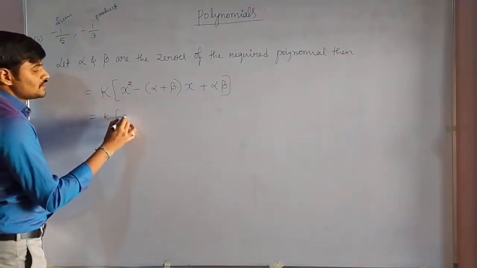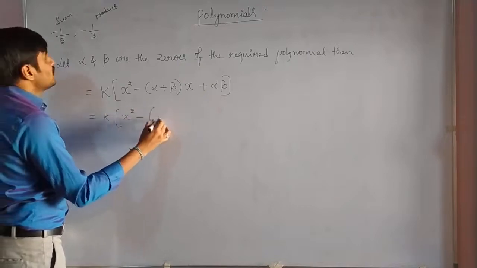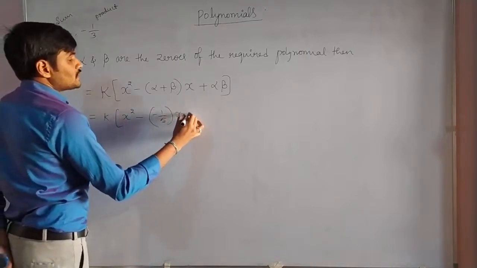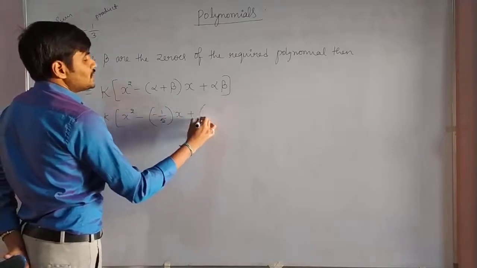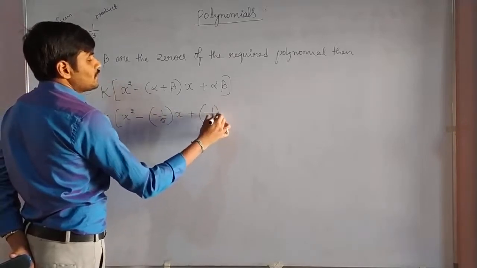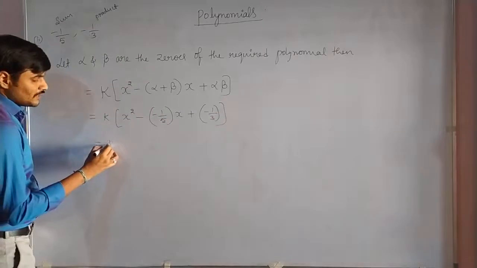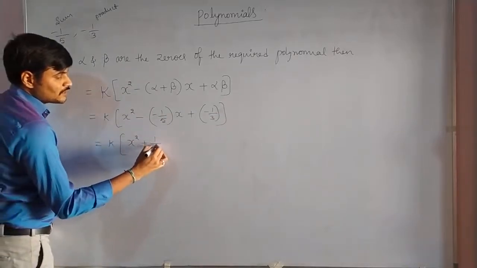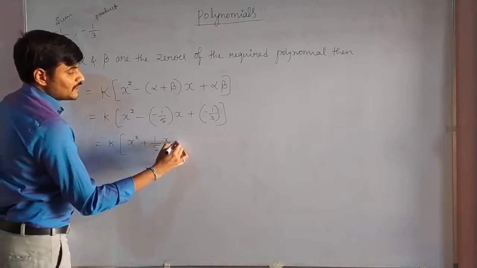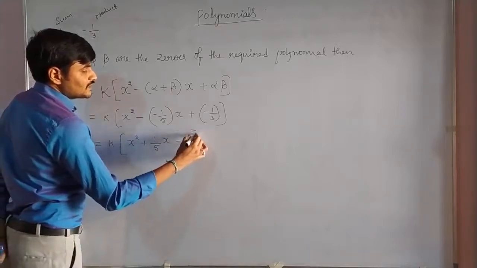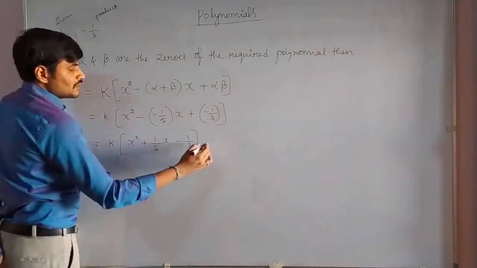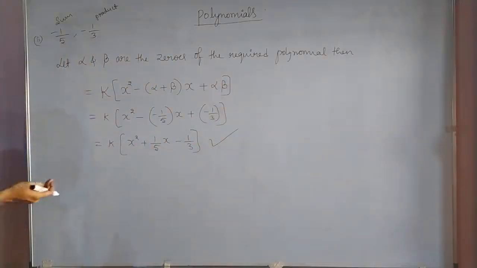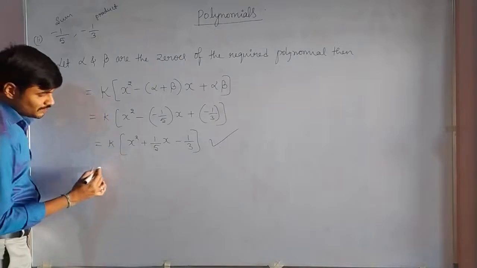Now go on substituting the values. So this is minus of minus 1 by 5 into x plus alpha beta is minus 1 by 3. Now here k into x square minus into minus, plus 1 by 5 into x plus, into minus, that is minus 1 by 3. So this is also right, and you can keep it as the final answer. Or else if you want to continue, take the LCM here.